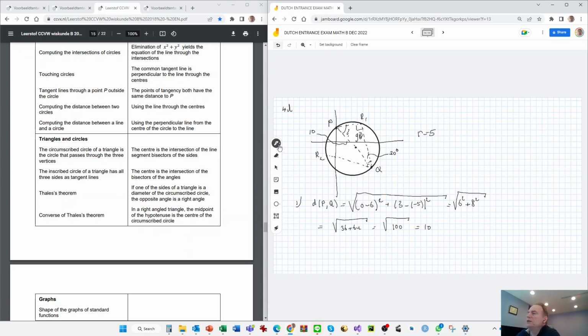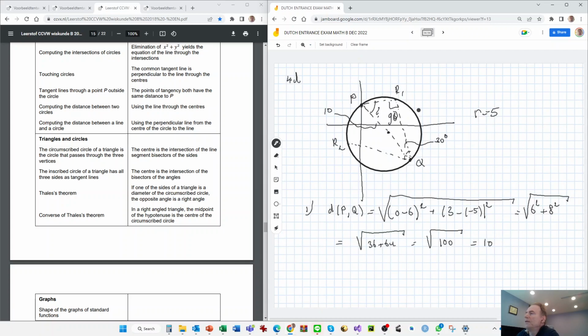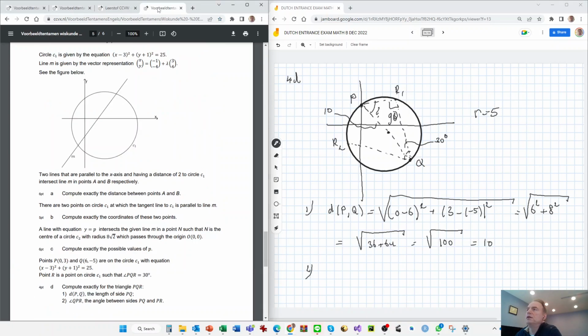And that means we actually can know this angle here, because given that the sum of these angles has to be 180, angle QPR is just 180 minus 30 minus 90, which is 60 degrees.